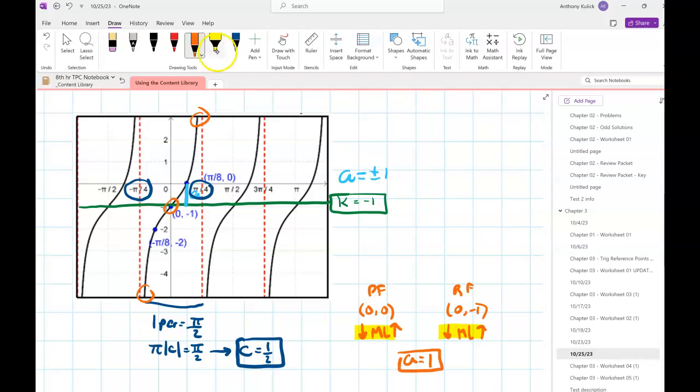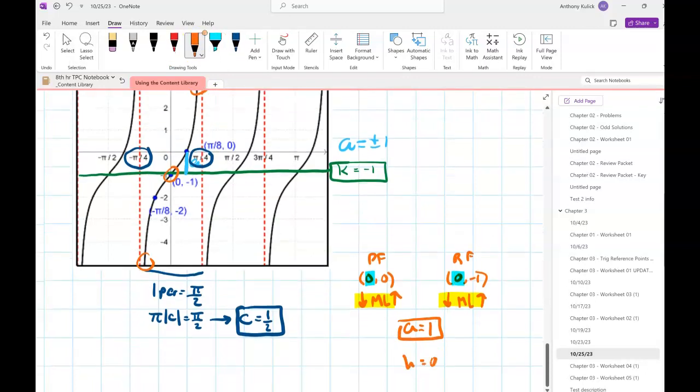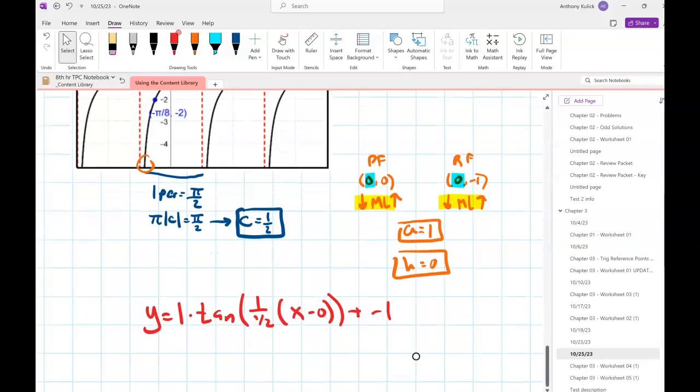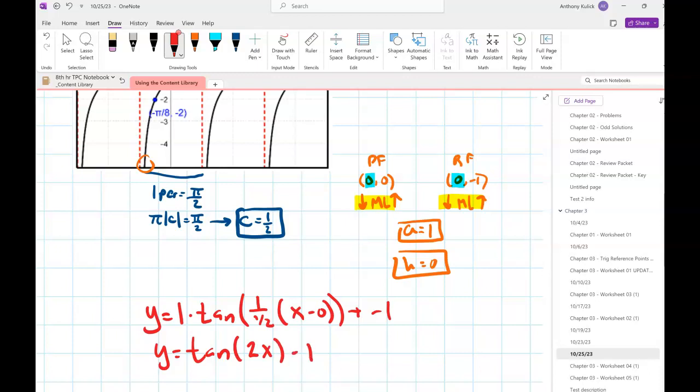And what's the sign for H have to be? 0. Or if you wanted to simplify it down, you just call it tan 2x minus 1.